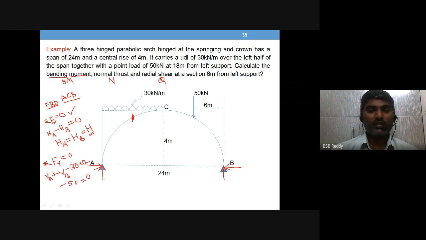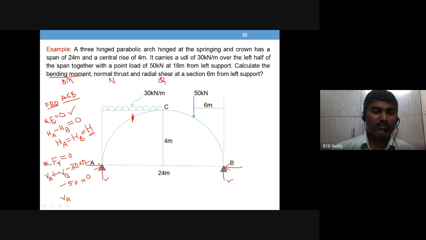So VA is upward, VB is upward, positive, and load from UDL is UDL into the span. That will give you total UDL value. So 30 into 12. And another point load 50 is available. So it is VA plus VB minus.